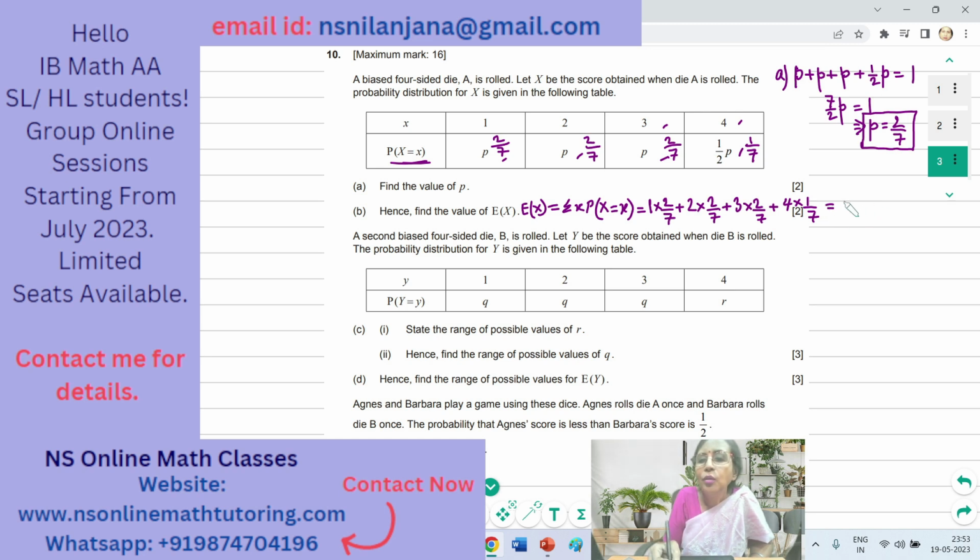Therefore, this is 2 over 7 plus 4 over 7 plus 6 over 7, since 2 times 2 is 4, 3 times 2 is 6, plus 4 over 7.